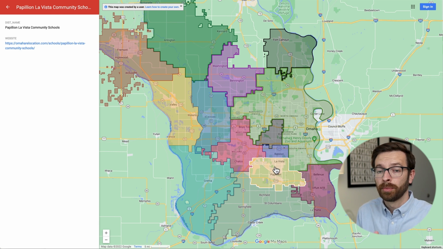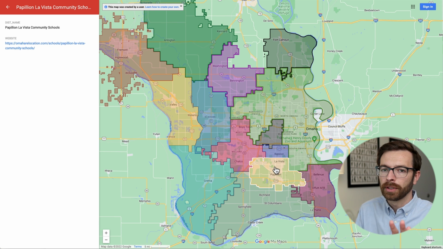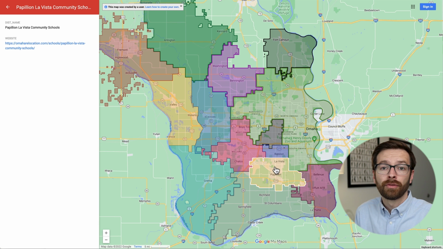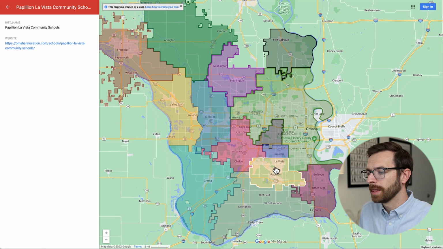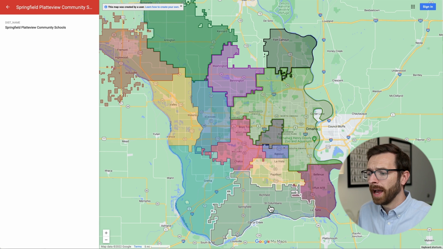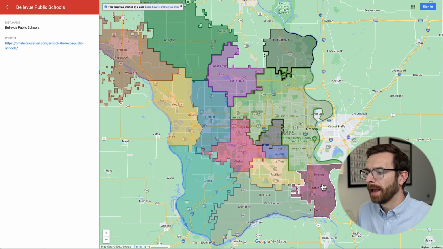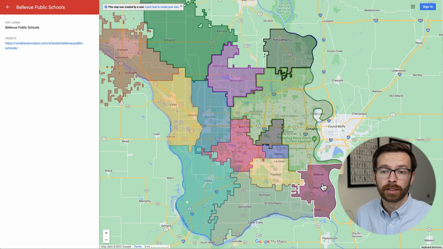Papillion, La Vista. So Papillion and La Vista are two separate cities, towns, but are consolidated for their school district. So that's going to be right there. To the south of that is going to be Springfield, Platteview Community Schools. And then to round everything out, we have the Bellevue School District right here.